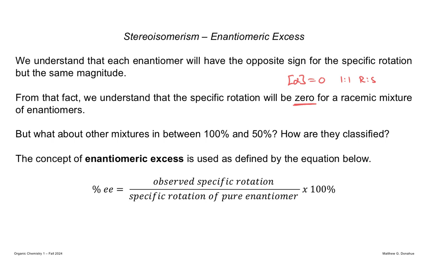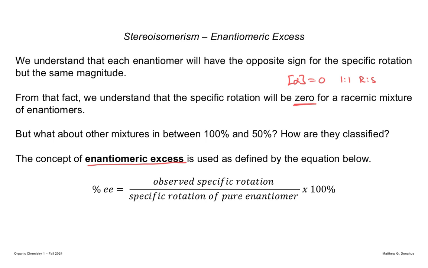The concept that's used is called enantiomeric excess, or EE. And this is primarily what every organic chemist walking the earth studies nowadays, reactions that will produce high EE. And again, pay attention to this because it can be a little confusing with the logic of what that means.